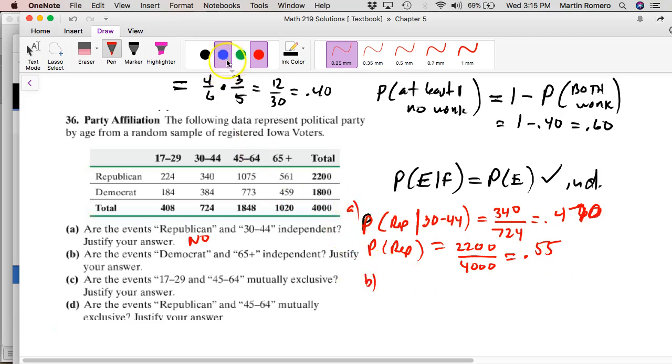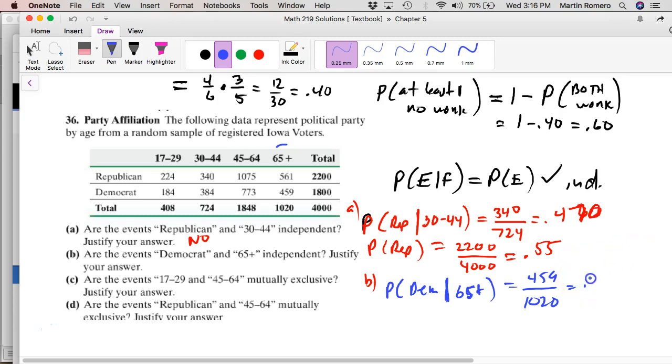Part B, are Democrat and being 65 plus independent? So the probability of being a Democrat, given that you're 65 plus, let's see what that is. So here's 65 plus. There are 1,020 there. And how many Democrats are in that group? That's 459. And so we'll do that calculation to see what its value is.